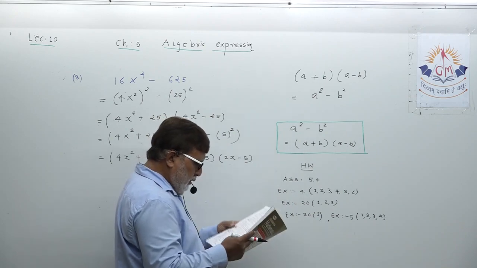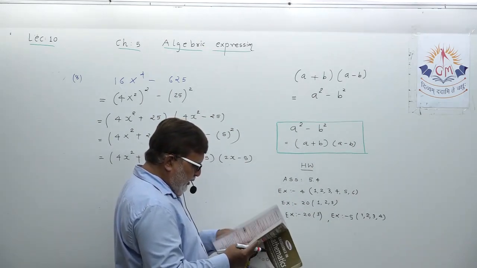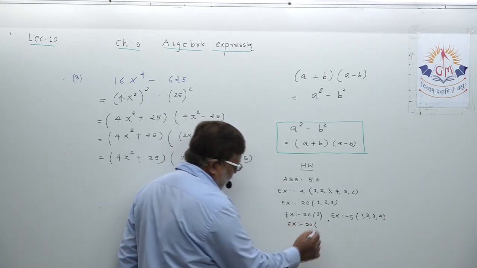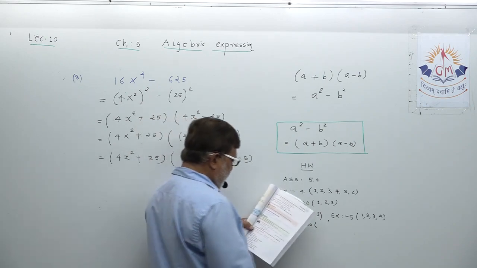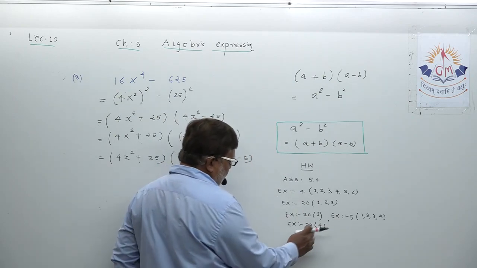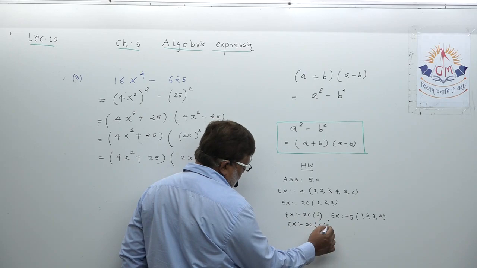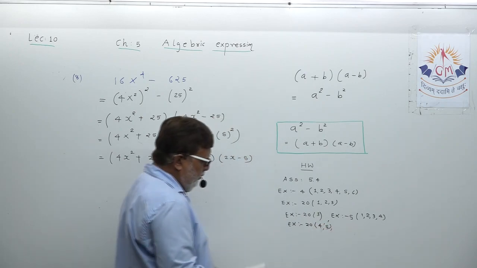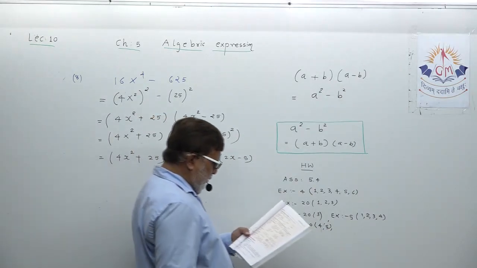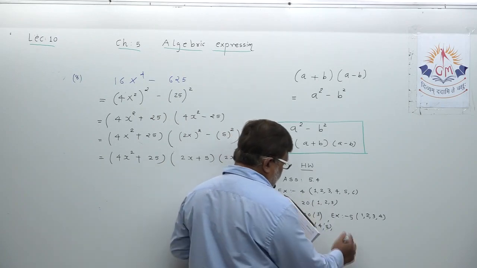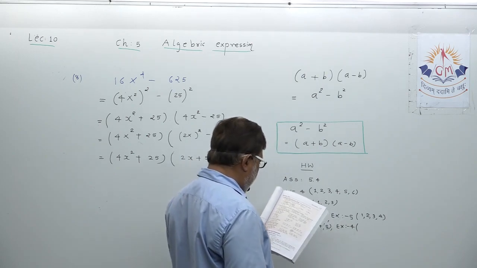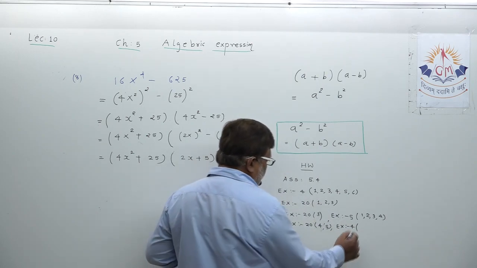Again from example 20. This is the order you have to follow in homework. Example 20, you do number 4 and 5. And from assignment, again, example 4, you will do number 7, 8, 9.